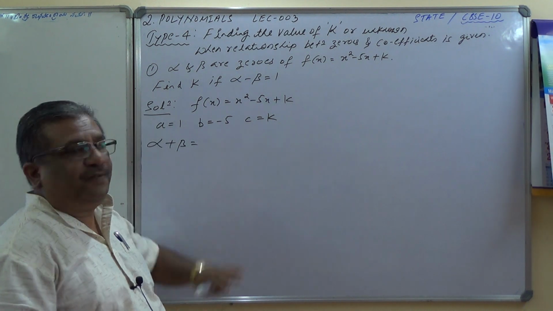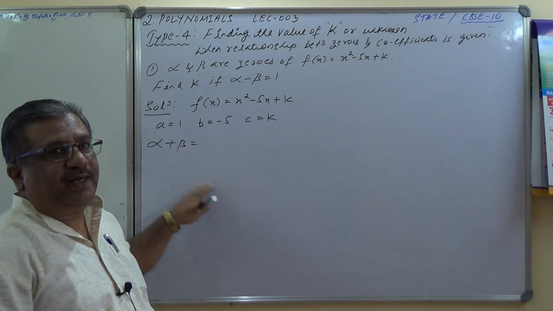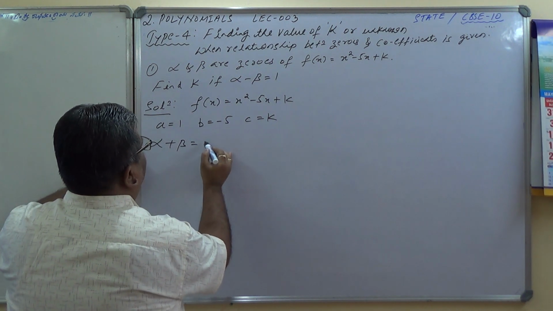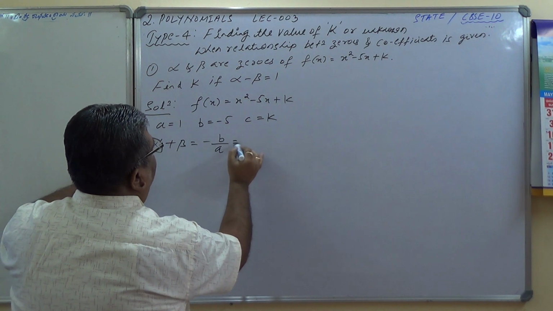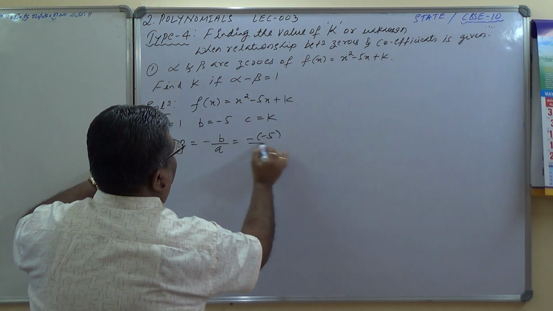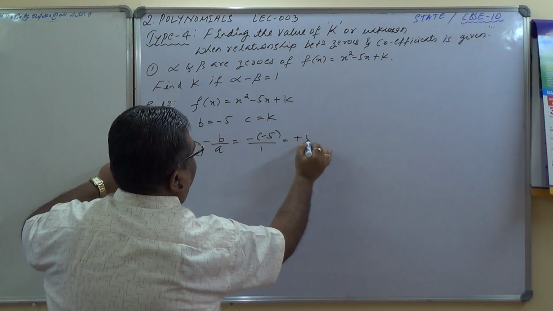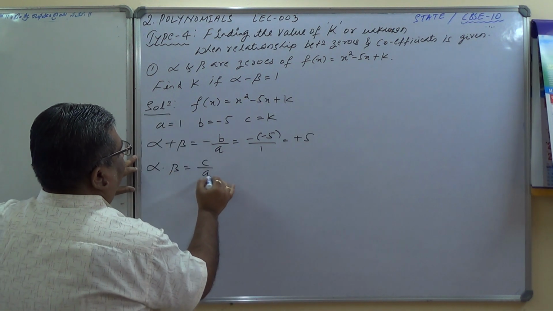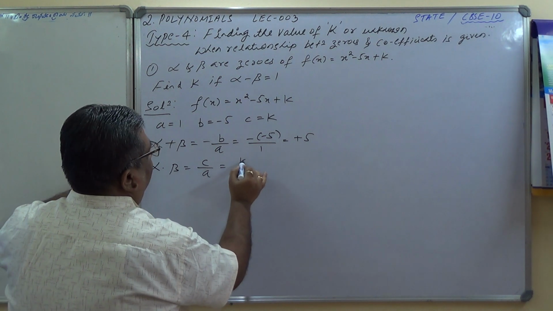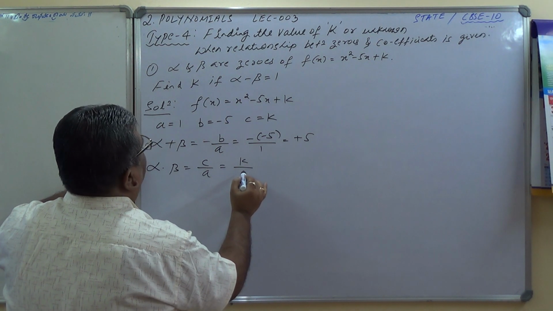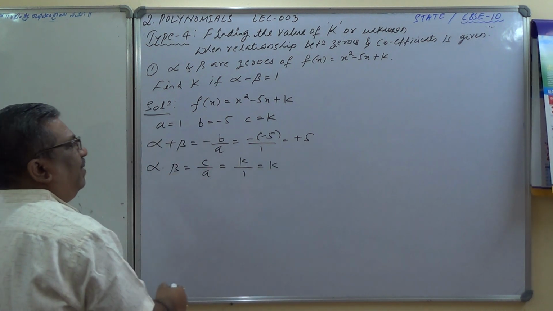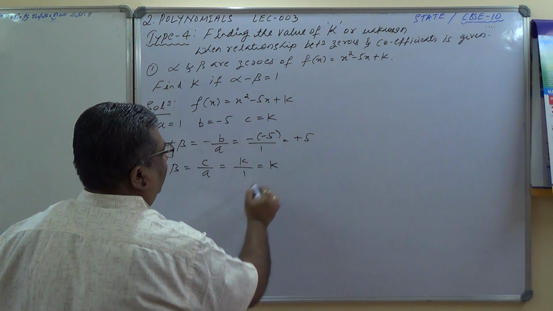Sum of zeros, alpha plus beta equals minus b by a, minus of minus 5 by 1, which is plus 5, and alpha into beta equals c by a, which is k divided by 1, which equals k. So I have got alpha beta as k here.